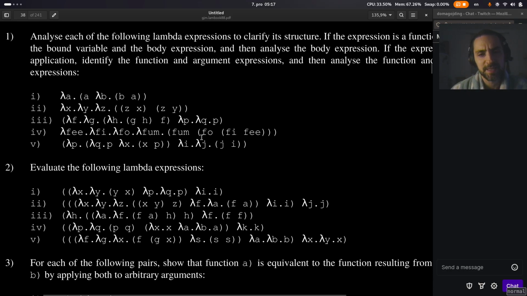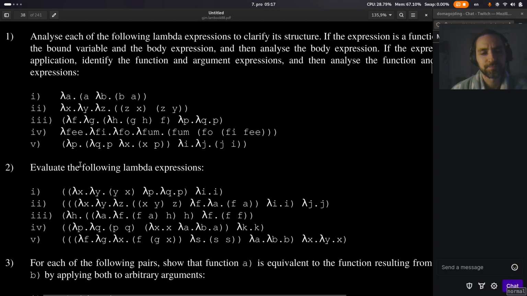Well, it's not inside. Fum is being applied to pho, is being applied to phi and phi, but the parentheses are not the same. So phi is being applied to this, which is being applied to this, and fum is being applied to all of this. Are they all bound? Fum, pho, phi, phi, they're all bound.